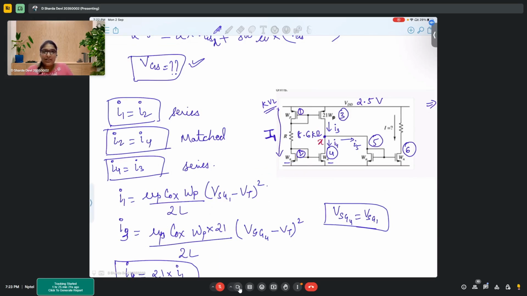So just small basic things you have to keep in mind to solve this type of problems. And by this method, you can solve even if there are 20 transistors. It's just you have to keep in mind the factors, the width multipliers, and you simply start equating them.